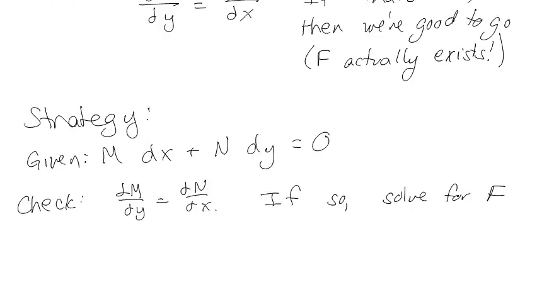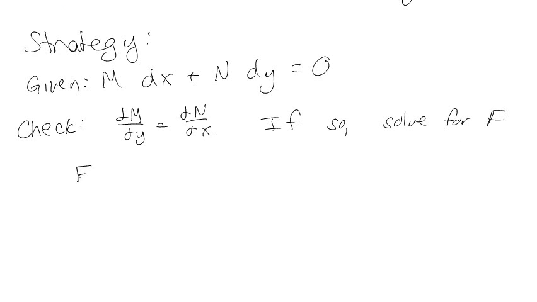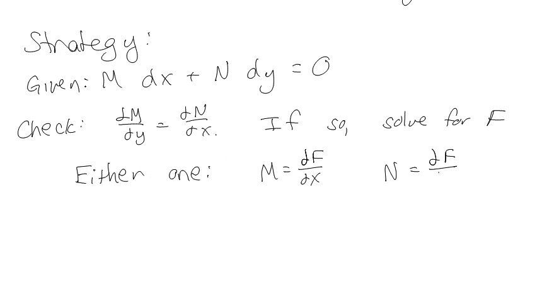The way that we're going to solve for f is we use either one: we know that m is equal to partial f partial x, and we know that n is equal to partial f partial y. So using either definition, we could integrate both sides and get to f.